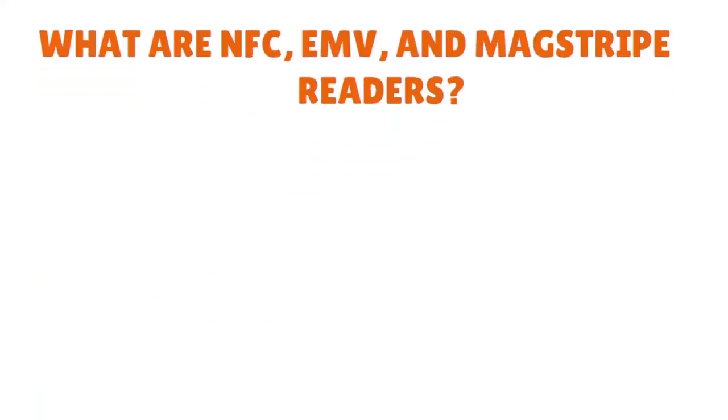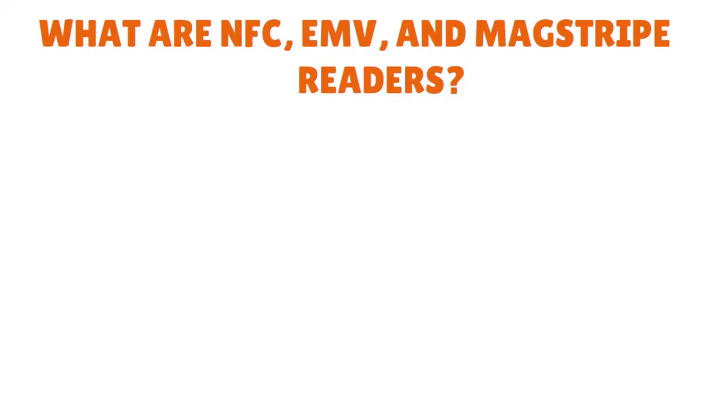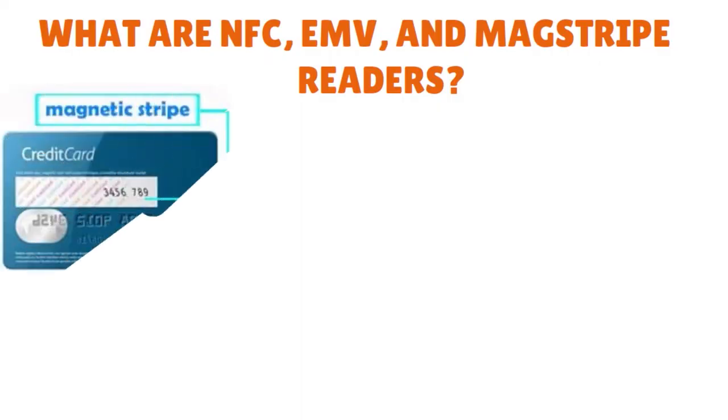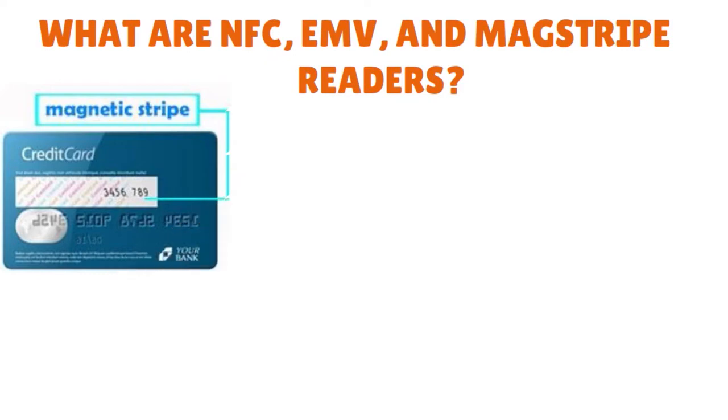One thing I also want to talk about here is, what are NFC, EMV, and magstripe readers? Magstripe is short for magnetic stripe, and it refers to credit cards that store information in a band of magnetic material. All mobile card readers can accept magstripe cards.